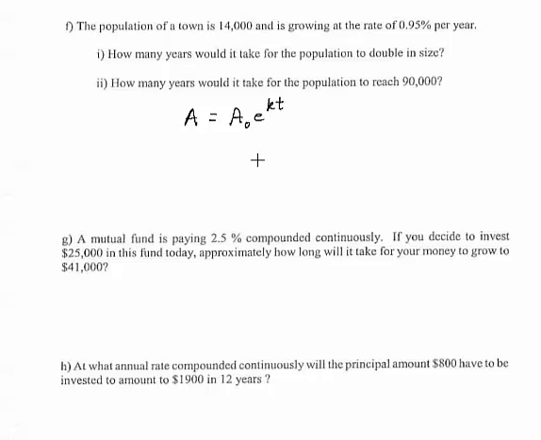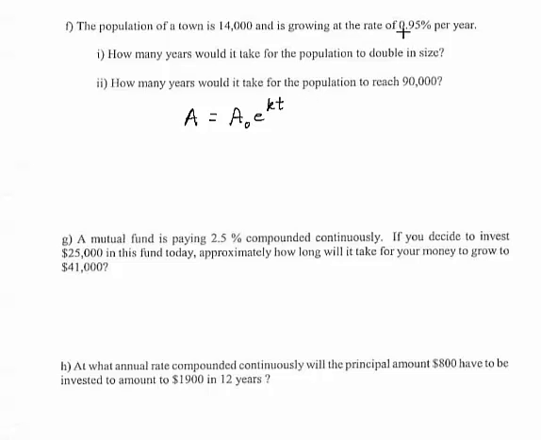Once t is positive, e to the kt is going to be a larger and larger number, and so when we multiply it by our initial amount, the amount at some later time is going to get bigger and bigger as t increases.